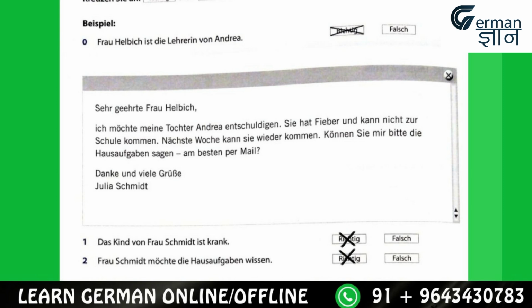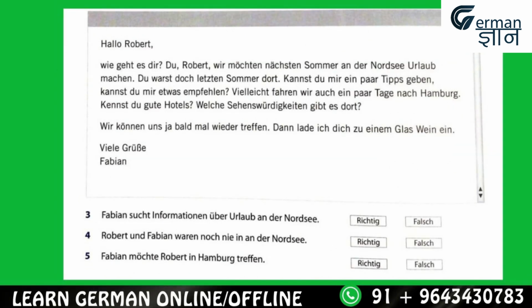This line clearly states that Frau Schmidt is asking for the homework. That means your second statement is also richtig. Next, questions 3, 4 and 5 are for you. First, read the question and try to find the word which is similar to the question, then find the answer, and put a cross on the answer which is correct.